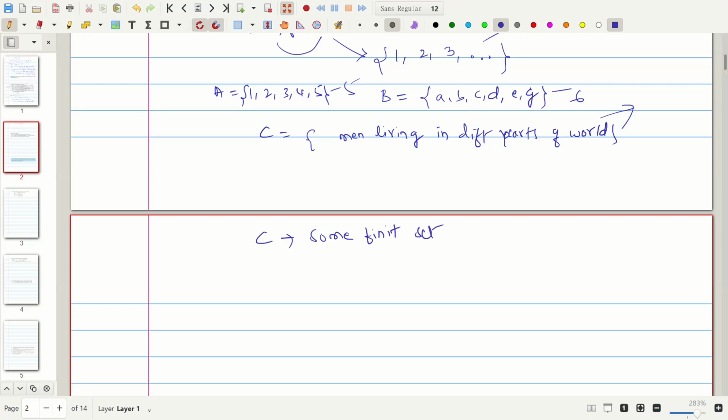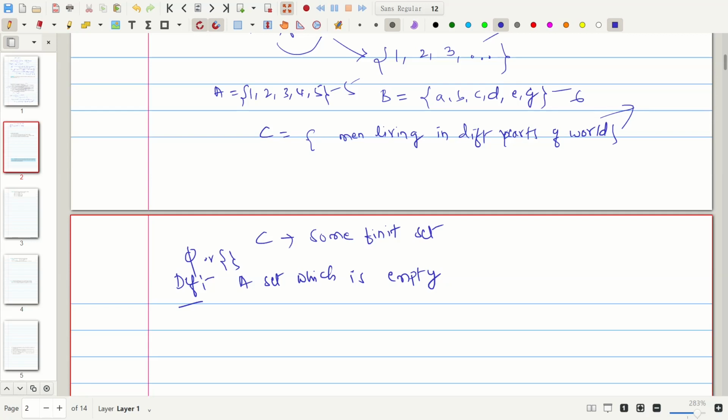Now we will discuss the definition of finite and infinite sets. The definition is that a set which is empty, even the empty set, is also a finite set.